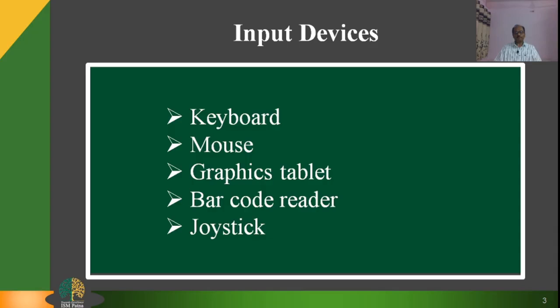Graphic tablets, which are also called digitizing tablets, is also one of the input device. Digitizing or graphics tablets is a computer input device that allows one to hand draw images and graphics similar to the way one draws images with a pencil and paper.